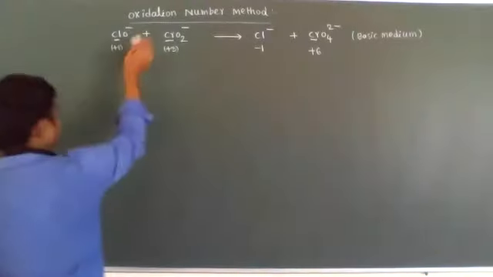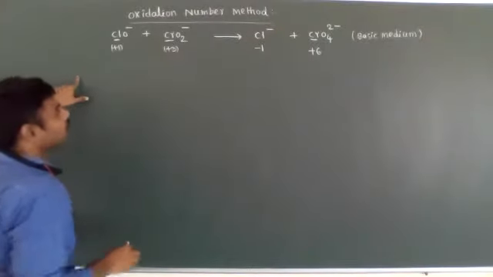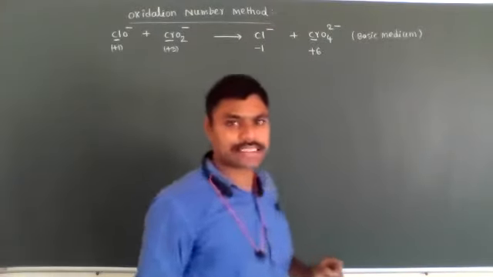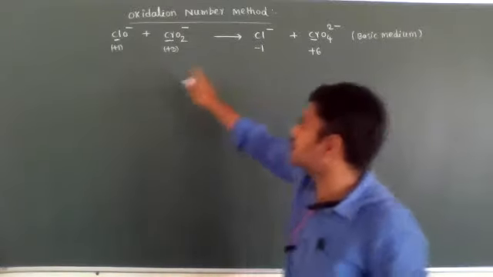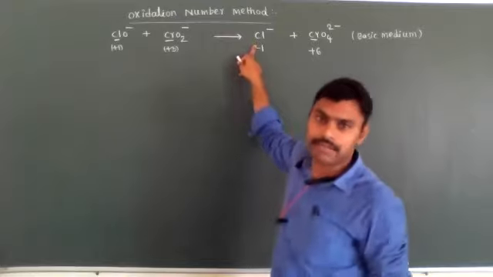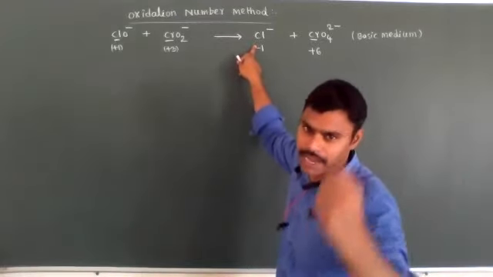As for the given skeleton equation, except for the oxygen atoms and hydrogen atoms, the other atoms are already balanced: one chlorine atom, one chlorine atom, and one chromium. If other atoms are not balanced, first we have to balance them.